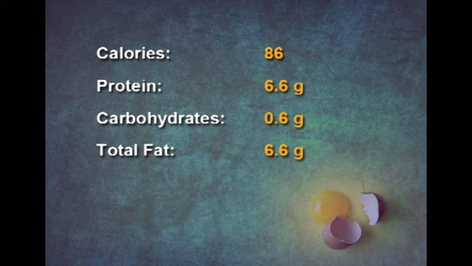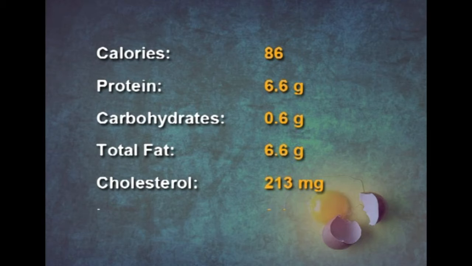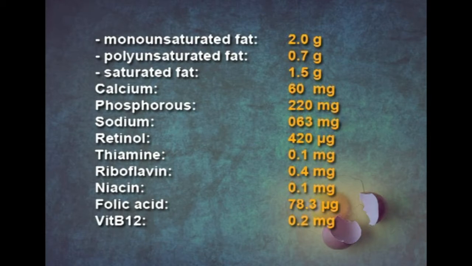But one important detail which all of you must know is the cholesterol content of egg, and this cholesterol content is about 213 milligrams. Now, iron is also to a good amount, to an extent of 2.1 milligrams, and you can just see the composition of other vitamins and minerals.